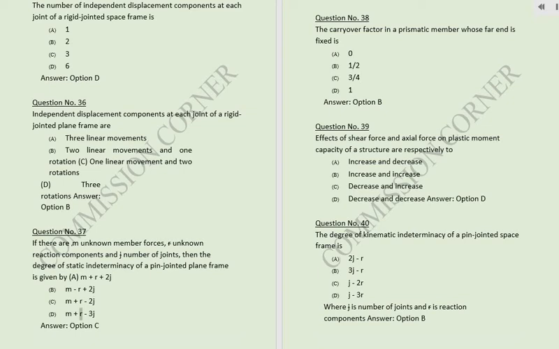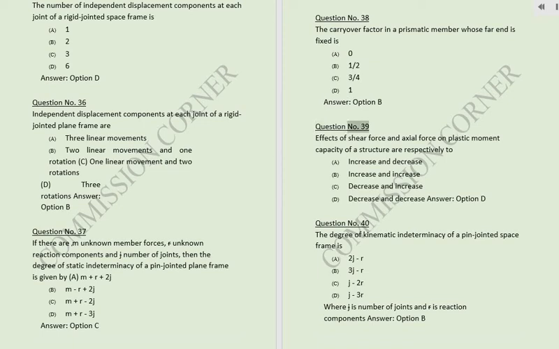D, M plus R, 3J. Answer, option C. Question number 38. The carryover factor in a prismatic member whose far end is fixed is: 0, 1/2, 3/4, 1. Answer, option B.